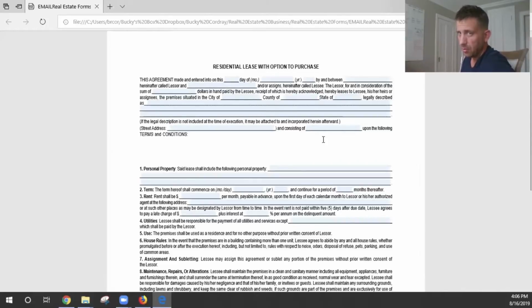Comps are comparable homes that have sold recently. So if houses are appreciating 8% per year and you gave your tenant buyer a 2-year option to purchase the property, then the asking price would be 135. 116 times 1.08 is 125, times 1.08 makes it 135.